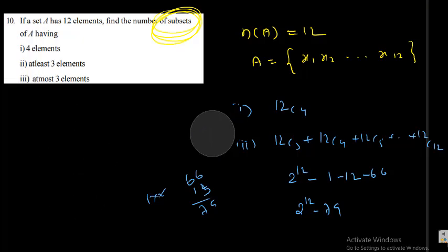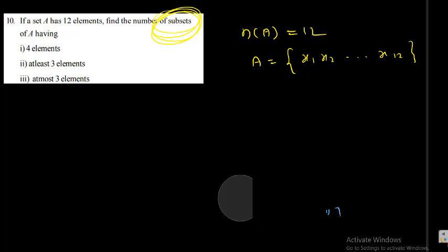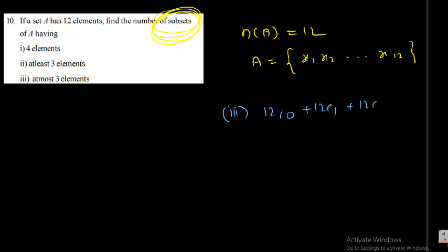Next one is at most 3. What is the meaning of at most 3? The number of subsets having 3 or fewer than 3 elements. So the answer for the third problem is 12C0 plus 12C1 plus 12C2 plus 12C3.